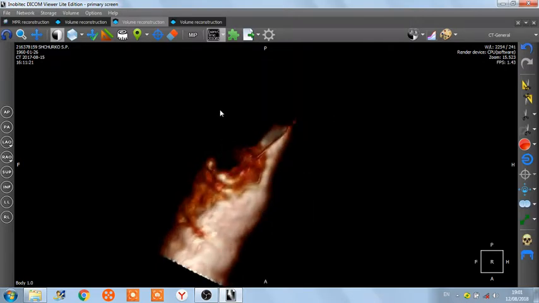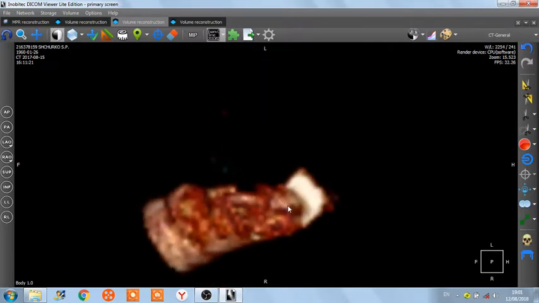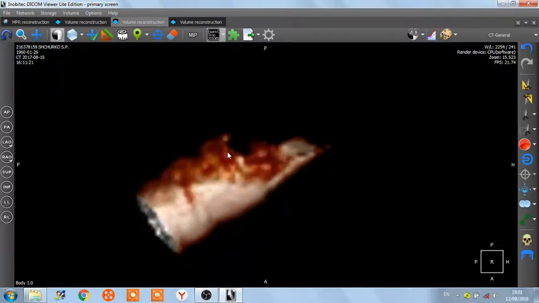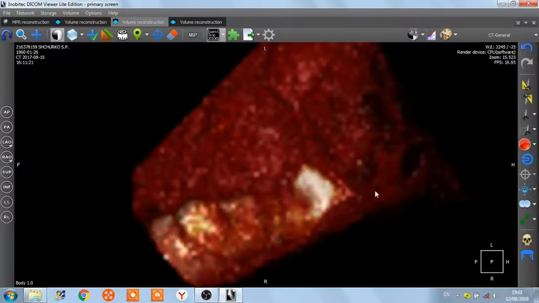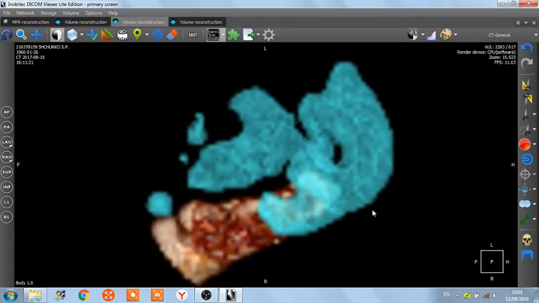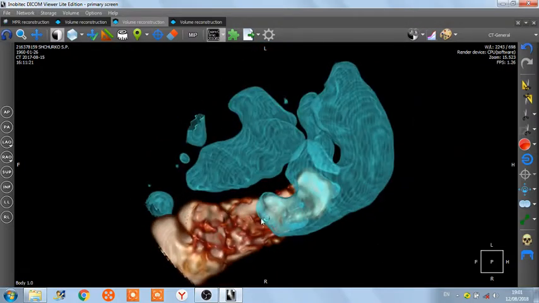So we can see them without air, how they look like all around, and we can see them with air, how they fill up the other side.